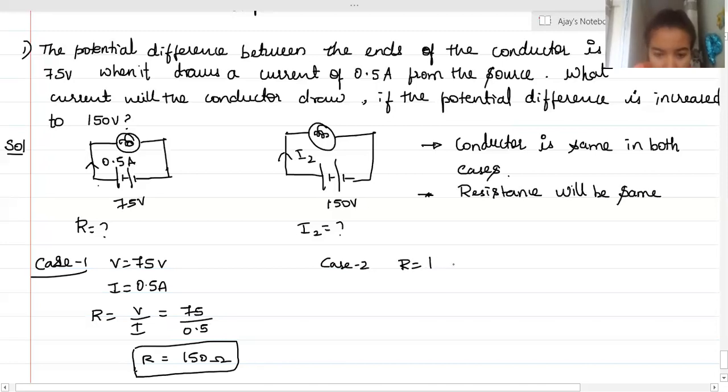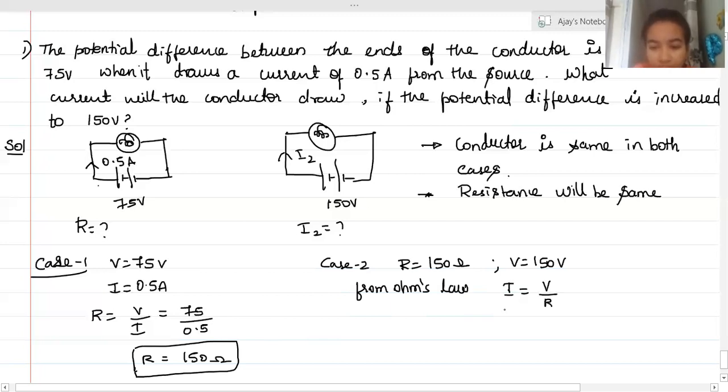And V they have given how much? 150 volt. What is the SI unit of resistance? Ohm. Now I have to find current. From Ohm's law, I is equal to V by R. So this same formula, R goes down to the denominator.